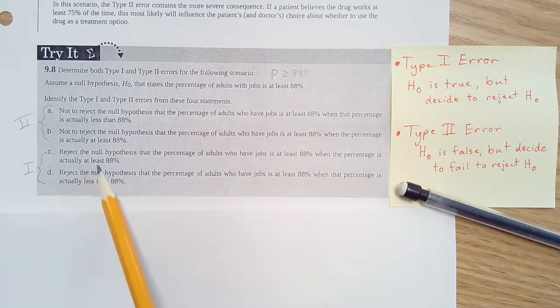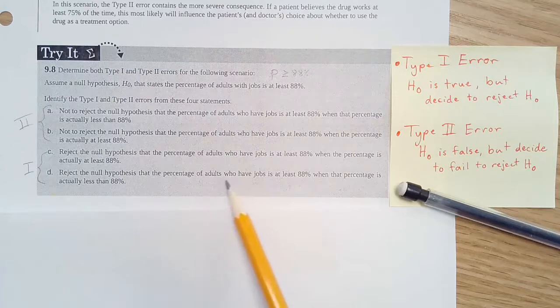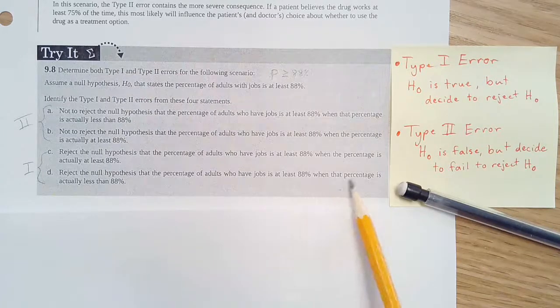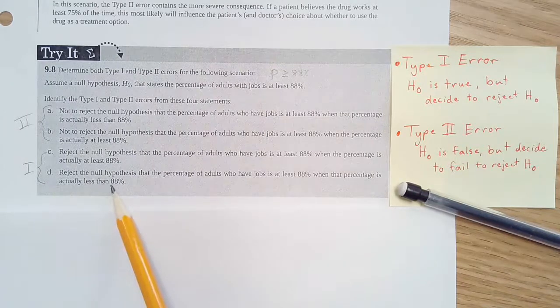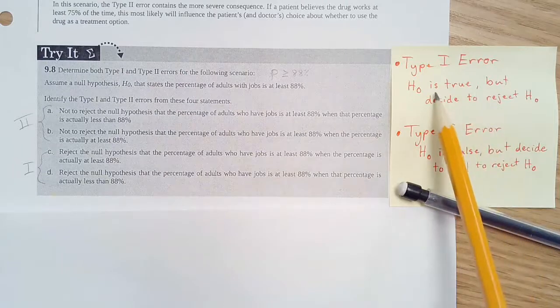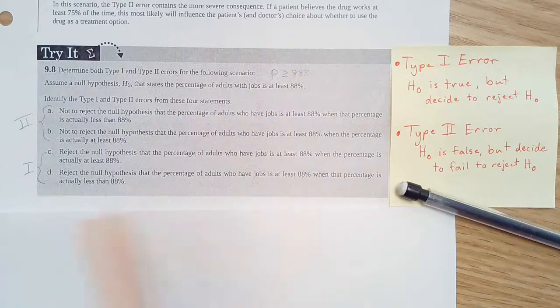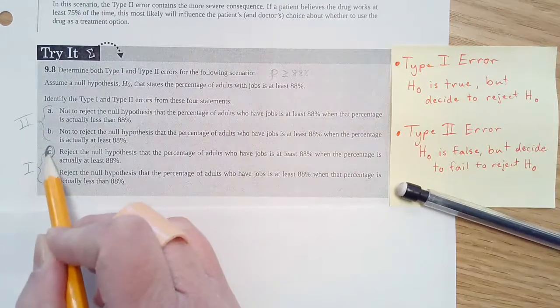And this one says the percentage of adults who have jobs is at least 88% when that percentage is actually less. This is saying that it's false, but in order to be a type 1 error, the null hypothesis has to be true. So this, part C, is actually the type 1 error.